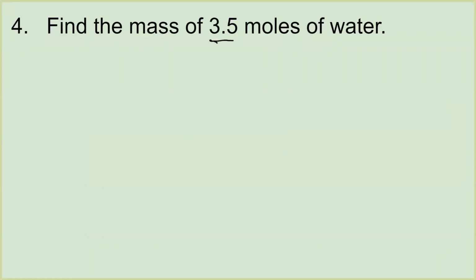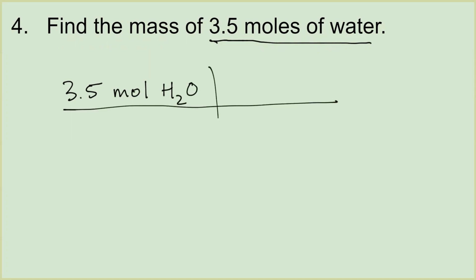The first thing you're going to do is write down what you're given. 3.5 moles of H2O. Okay, make your little fence. So we're doing the fence again. Okay, we're going to copy the units in this spot. So we'll go mole H2O. And it's asking us to find mass.